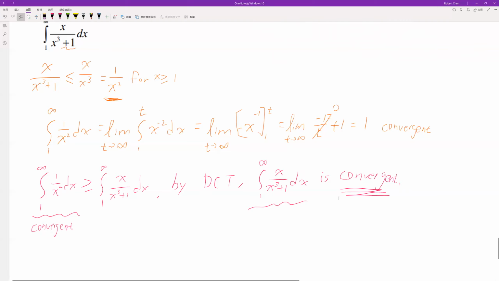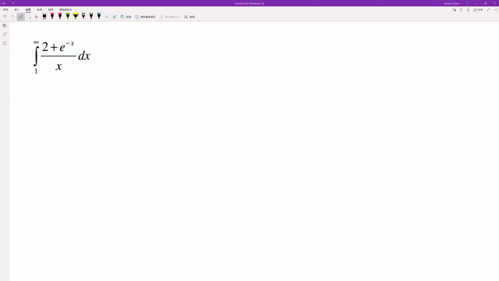Now let's look at another one. All right, so here we have another integral. So again, it's very annoying trying to integrate this, right? So the idea is, as we're going to infinity, e to the negative x is going to be a very small number, right?